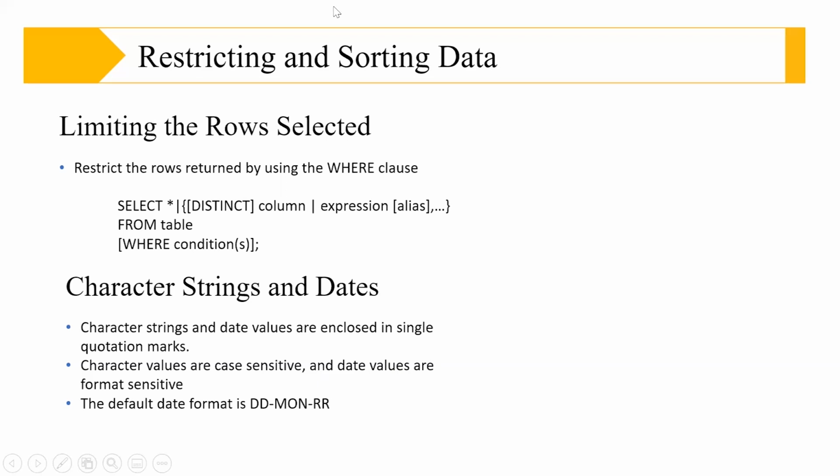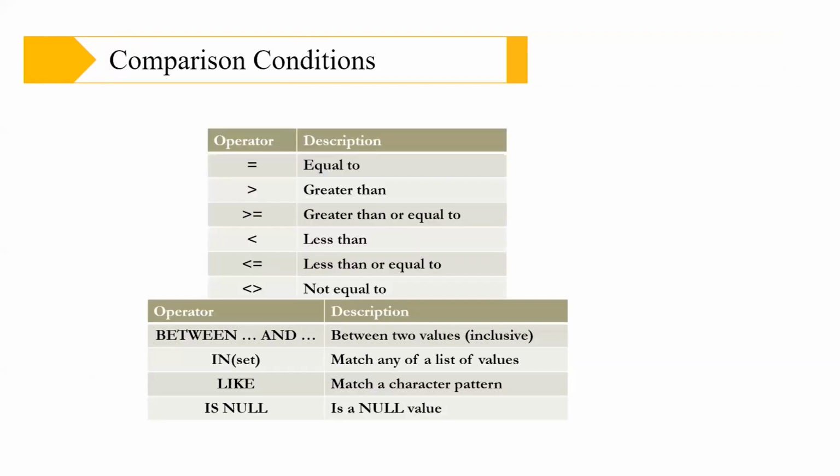So this is how we restrict data, and this is the syntax. The SELECT and FROM clause syntax you already know, but WHERE is something that we learned. Moving ahead, right now we learned where we equate: job ID equal to ST_CLERK, or department ID we had 90 or 50. So we used the equal operator.